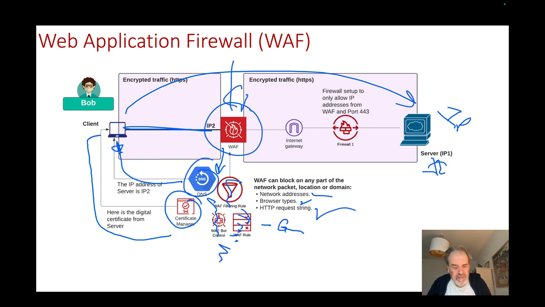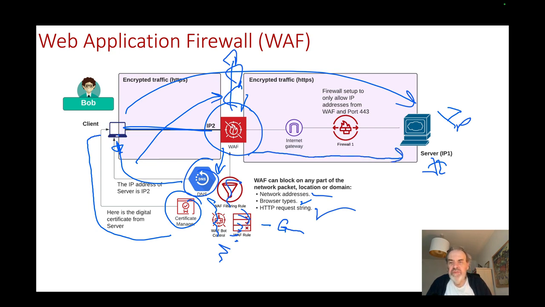And we can obviously load balance here. We can have multiple WAFs, and then the DNS will map it to one that's hopefully free or as near as the user as possible. In this way, we can actually balance the traffic, so the traffic will be filtered as we go through.